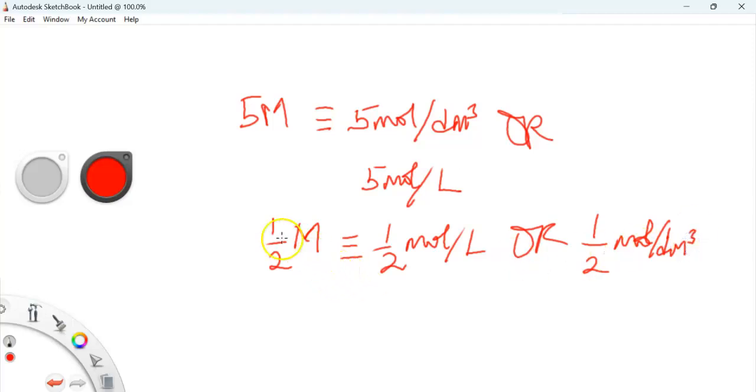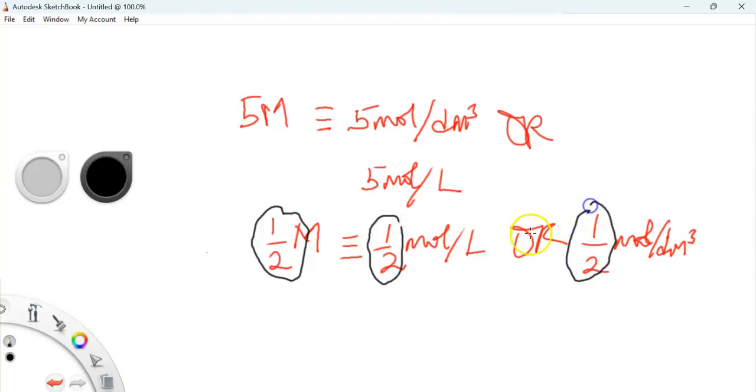Whichever way, before you start solving, make sure you convert this fraction to decimal. Converting this to decimal gives you 0.5. So take note of that.